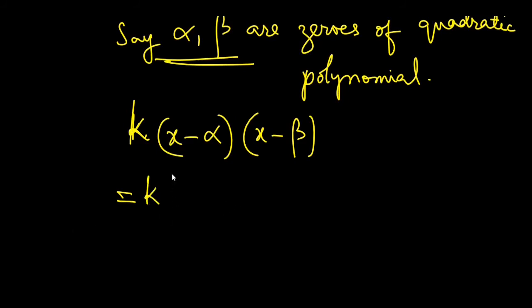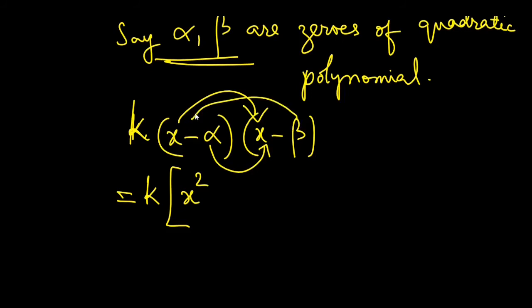K into, here x into x, x square, then minus alpha into x and minus beta into x. Here we get minus alpha x and minus beta x. Then minus alpha into minus beta is plus alpha beta.